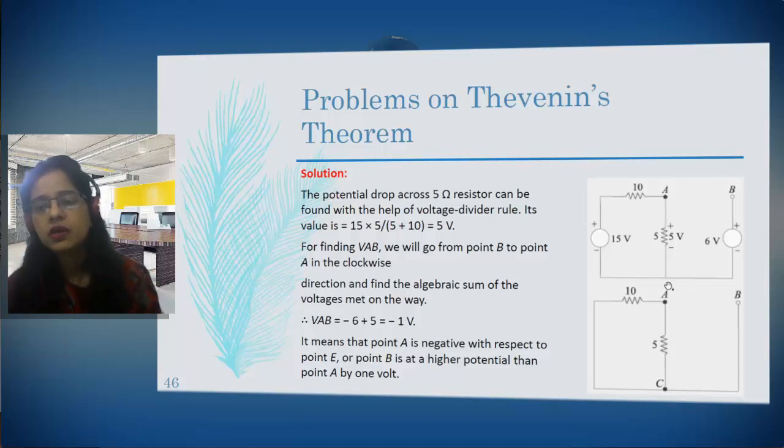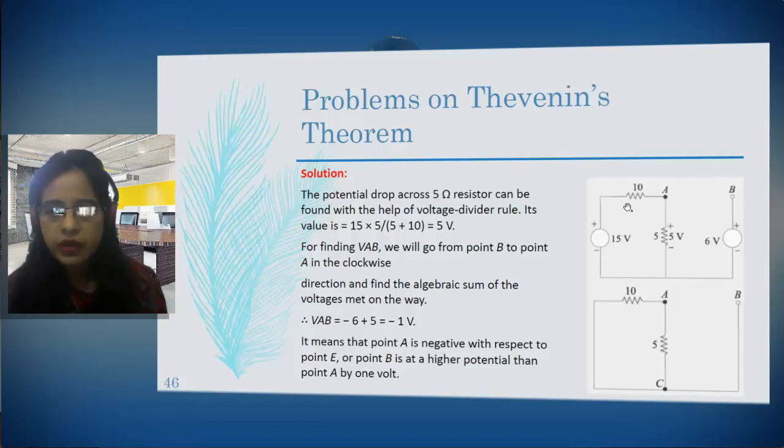Mind it. Now the potential drop across the 5 ohm resistor can be found with the help of the voltage divider rule. Since this is open, the drop across this plus the drop across this will give you the voltage drop across AB.